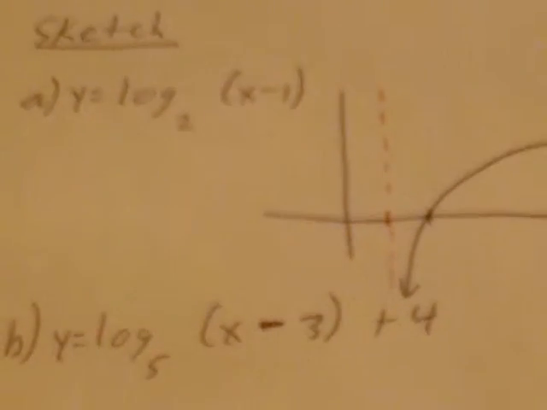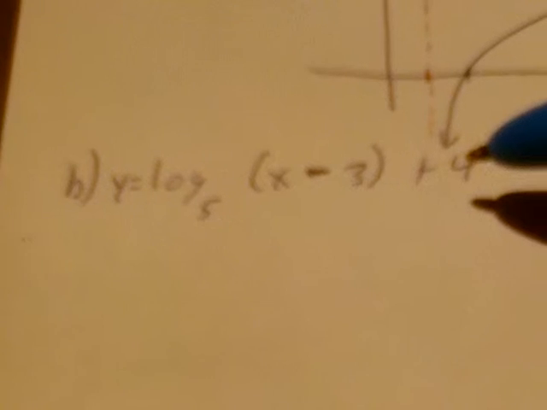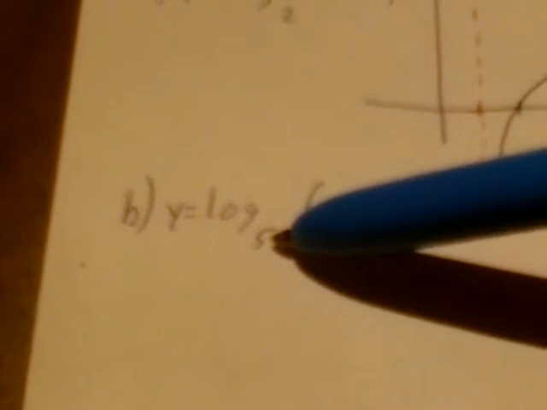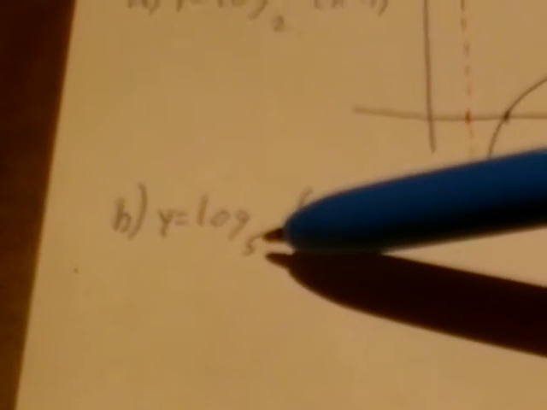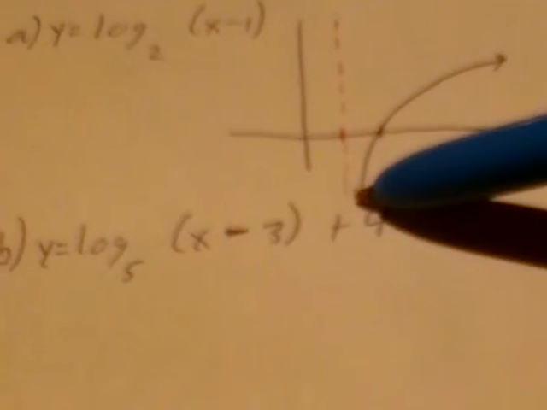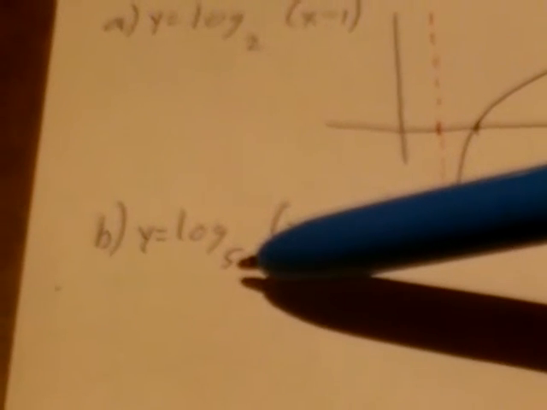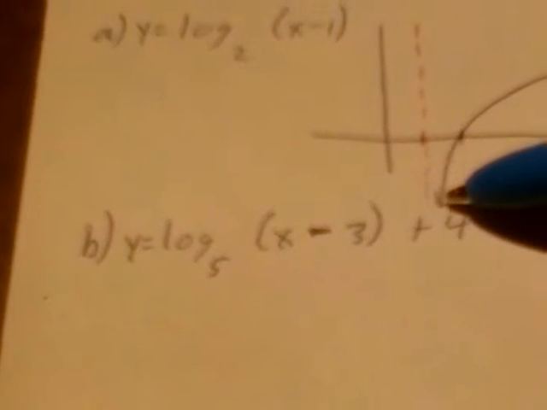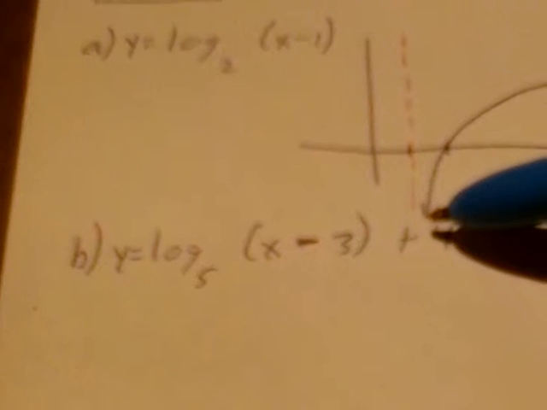And now we're going to do the same kind of thing with the next function. And here we have log base 5 of x minus 3, plus 4. And it doesn't matter whether it's log base 5 or log base 2 or log base 10 or natural log. They all have the same basic shape, and the shape looks like that. The different log bases just make this shape a little steeper or a little less steep, but I'm not concerned about that right now.